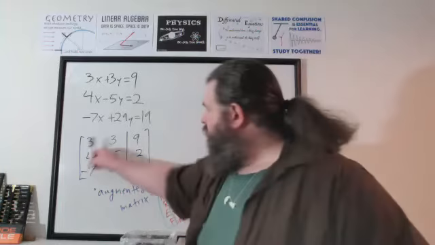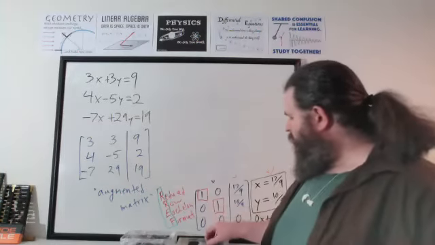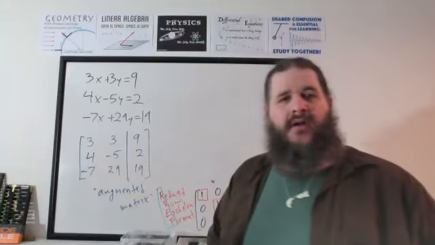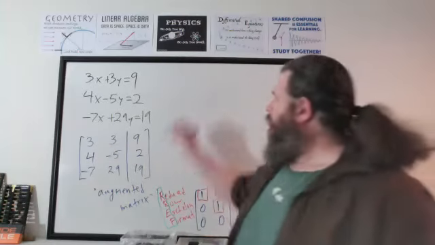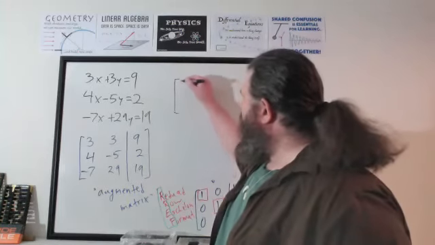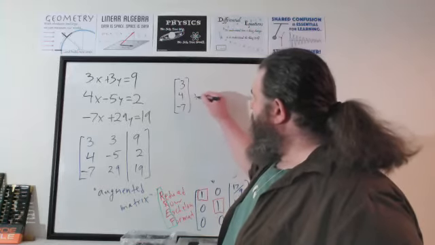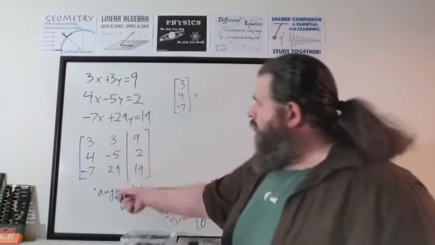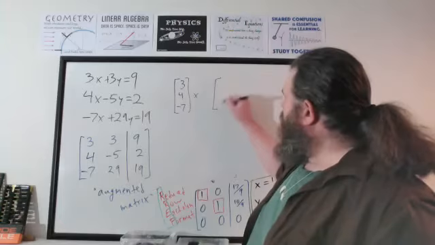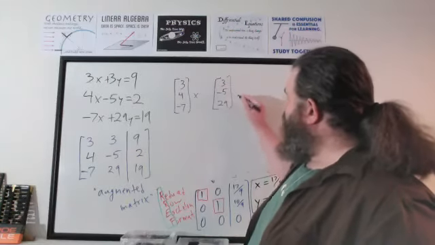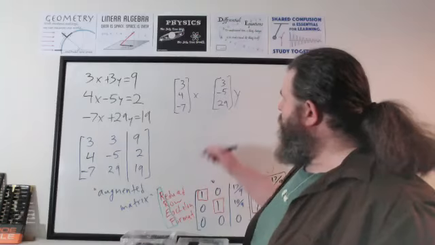But we could also look at this in terms of the columns. If you look at this as 3, 4, and -7 all being multiplied by x, you could think of that as a 3×1 vector multiplied by some number x, and then the coefficients of y, 3, -5, 29, being multiplied by some unknown scalar y.